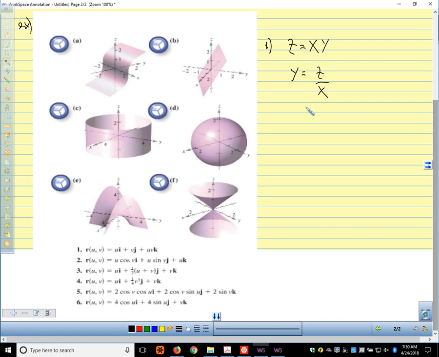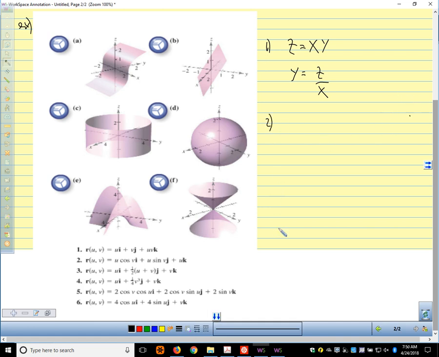So what would that be? Well, let's leave that one for now and look at some other ones. Maybe we can eliminate a few.